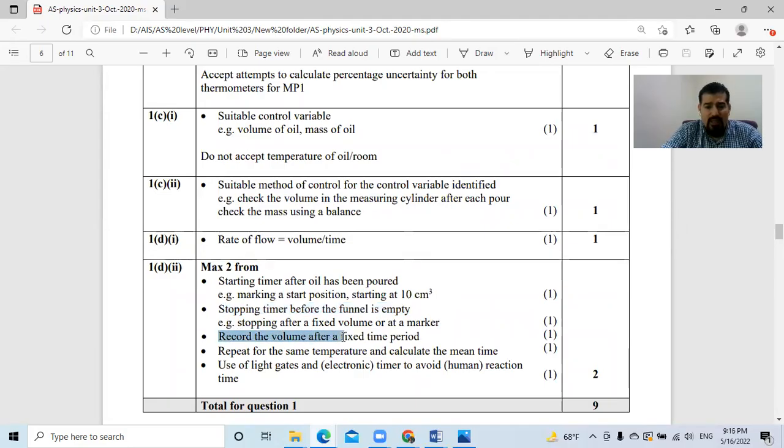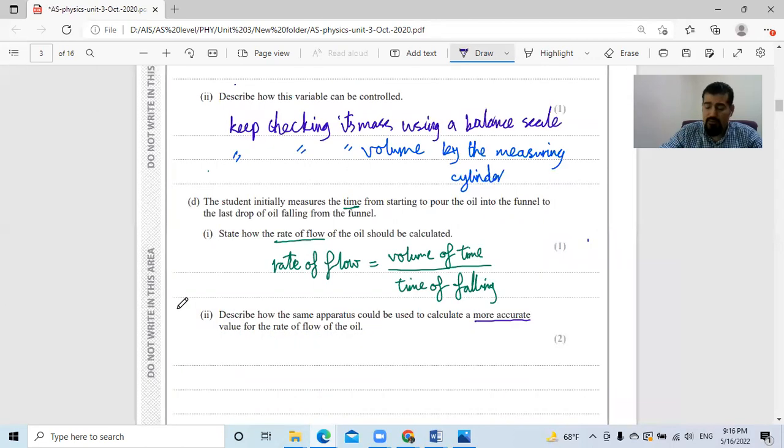Record the volume after a fixed period of time, or repeat at the same temperature and calculate the mean time, so we have to find the average. Use a light gate and electronic timer to avoid human error or reaction time. All these are accepted answers. We need only two of them.